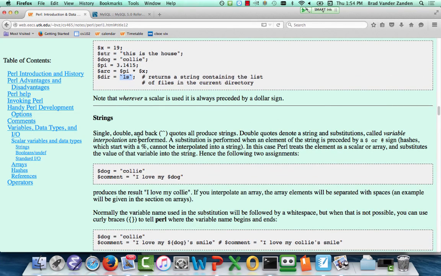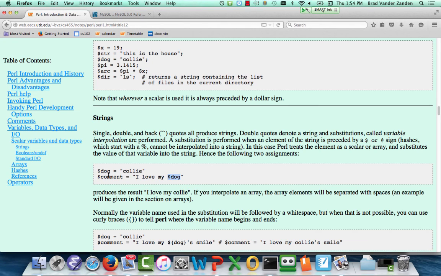If you put something in single quotes, you get literally what you put in single quotes. If you use double quotes, you get what's called variable interpolation. What that means is that you can put the name of a variable inside of the quotes, and it will replace the variable name with the value of the variable.